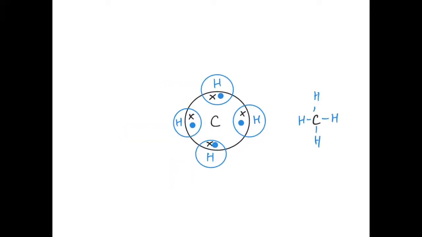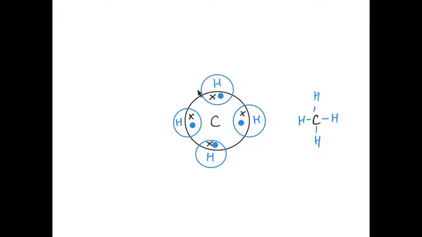We end up with a molecule that looks like this. This bit here shows that the electron from carbon, the black X, is shared with the hydrogen because it's in the overlap between this bit, and this blue dot is the electron from hydrogen that's sharing with carbon. And you represent this bit here with that straight line.